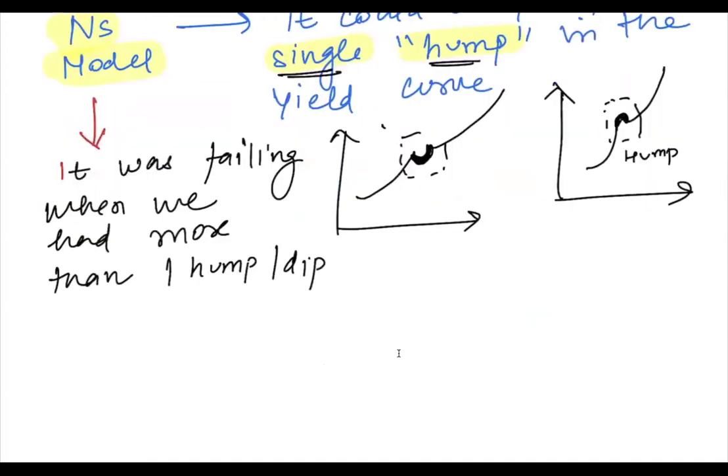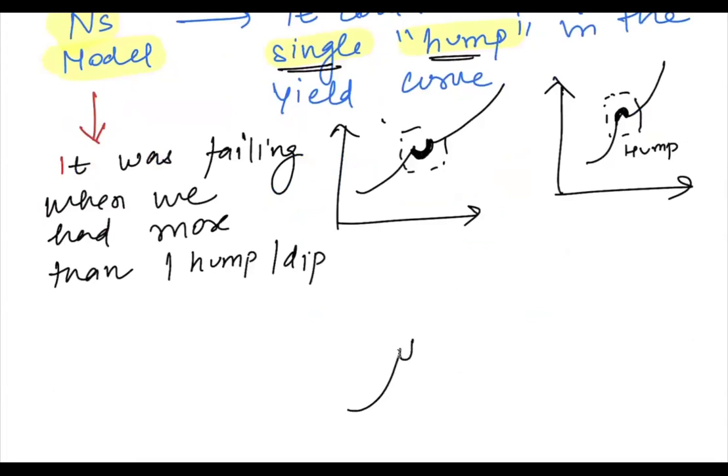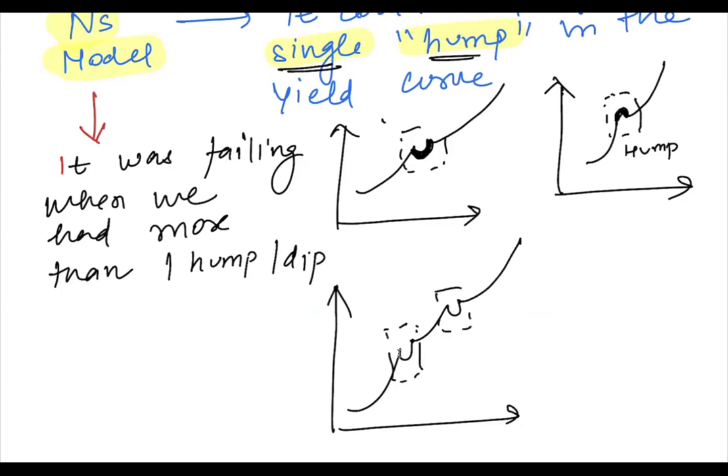So what if you see something like this, right? What if the yield curve goes something like this, where you see two dips, or there can be two humps like this, right? In this case, where you see two humps or two dips, the NS model was failing.